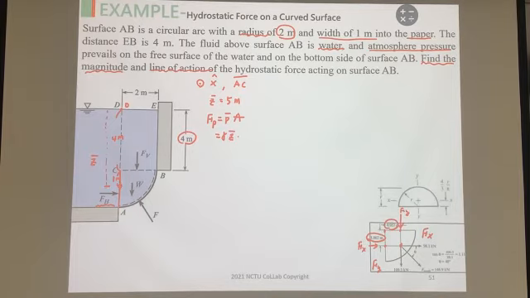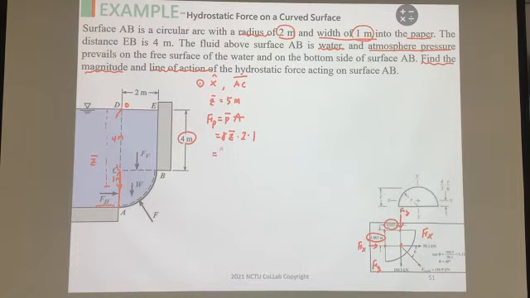The total area: this is the circular arc, and along the AC plane it should be a right angle plane. We know the width is 1 meter and the AC length is 2 meters, so the area is 2 meters multiplied by 1 meter.